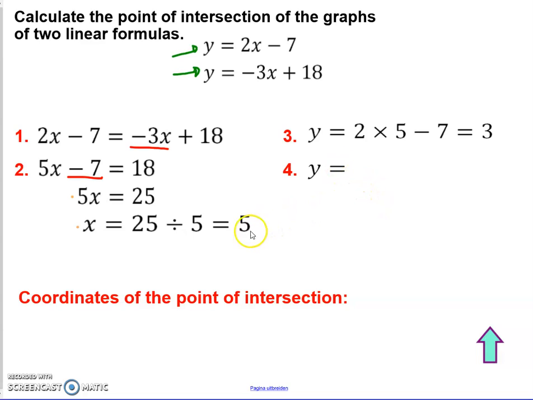So minus 3 times 5 plus 18. Minus 3 times 5 is minus 15 plus 18 is 3. So now I'm sure the coordinates of the point of intersection are 5, 3. 5 for the x, 3 for the y. So now you know how you can calculate the point of intersection of the graphs of two linear formulas.